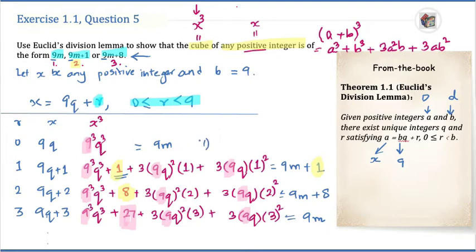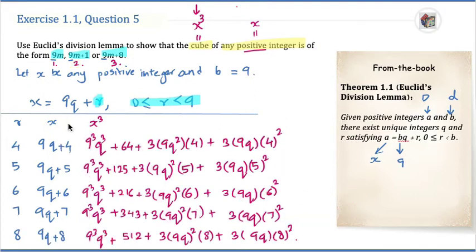So till now, let me just summarize what we have. This is form number 1, form number 2, form number 3, and back to form number 1. We're done with the first 4 cases where r is equal to 0, 1, 2, 3, and now let's go on and see what happens if r is 4 through 8. Any number in that range. All right, there you go.